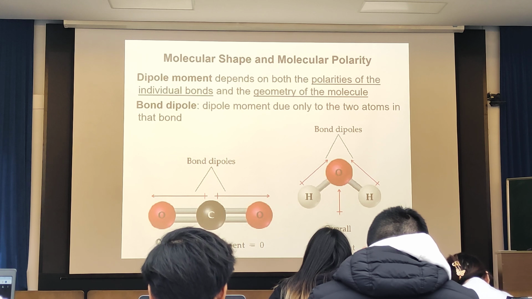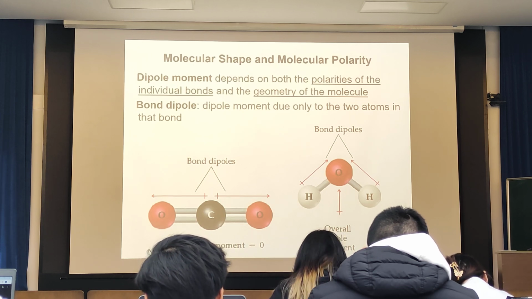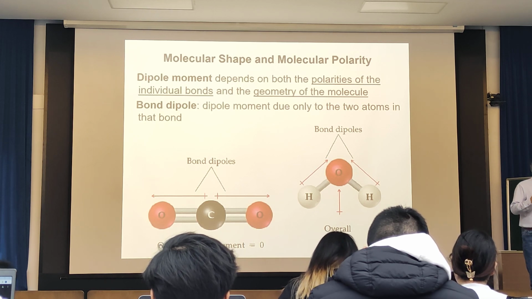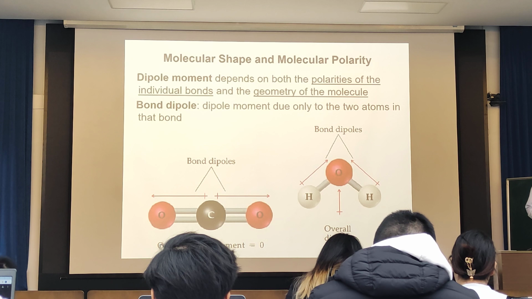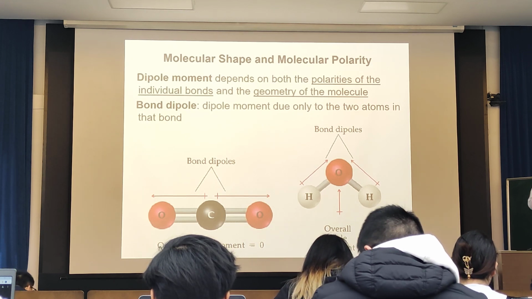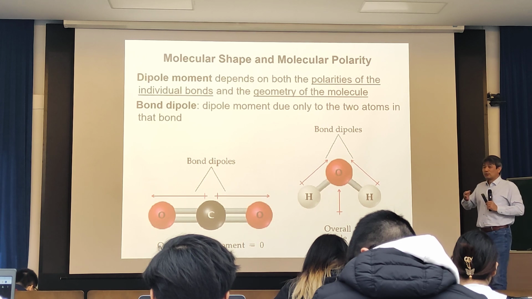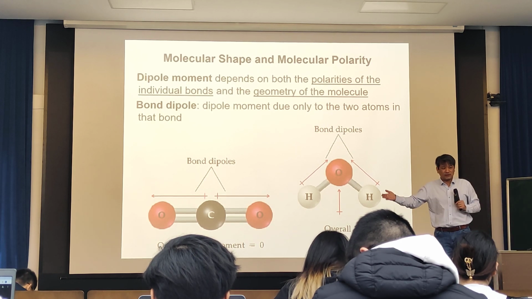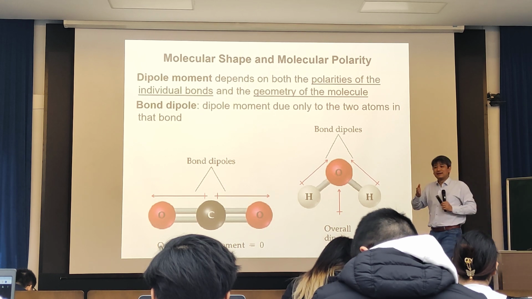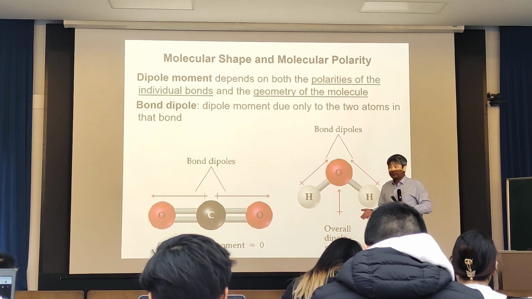So what can we learn from here? CO2 is a non-polar molecule. Water is a polar molecule. So it means that CO2 has very low solubility in water. Okay? So we learned that a polar compound will be soluble in a polar solvent, and a non-polar compound will be soluble in a non-polar solvent.